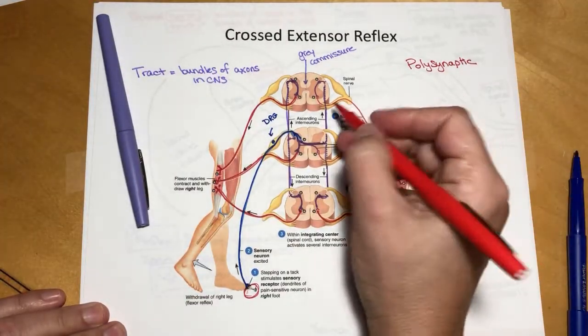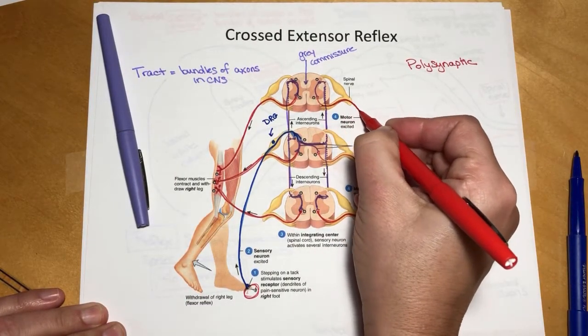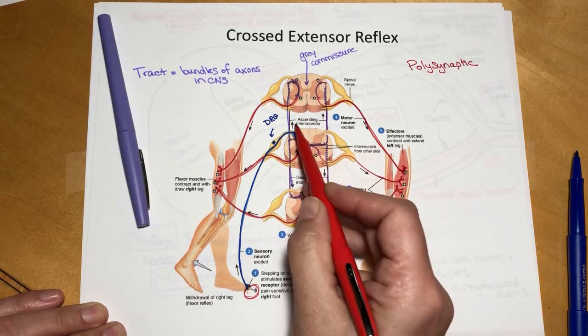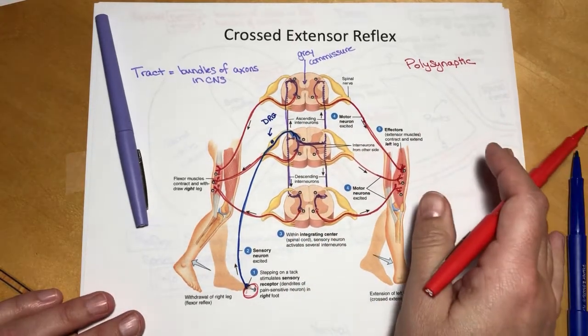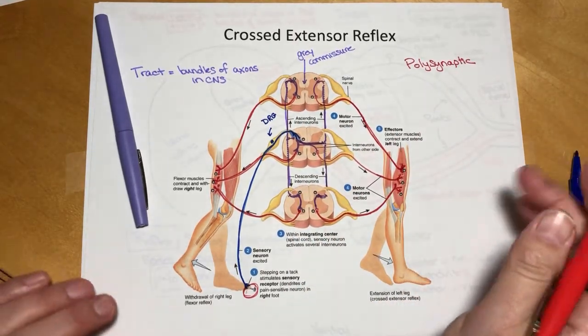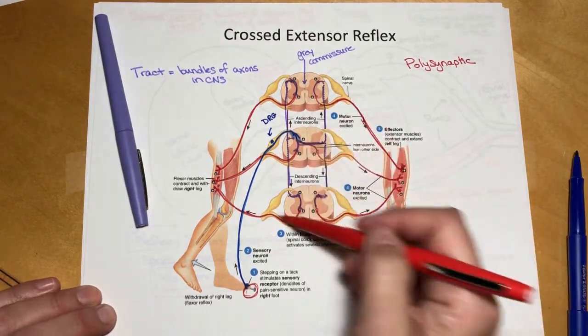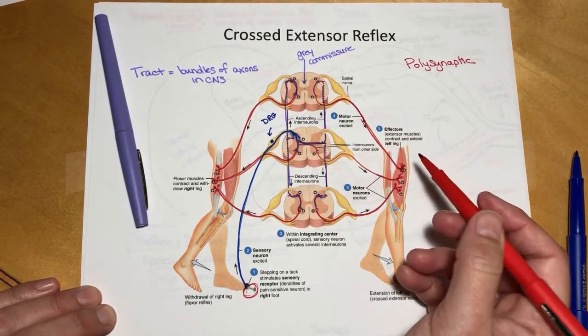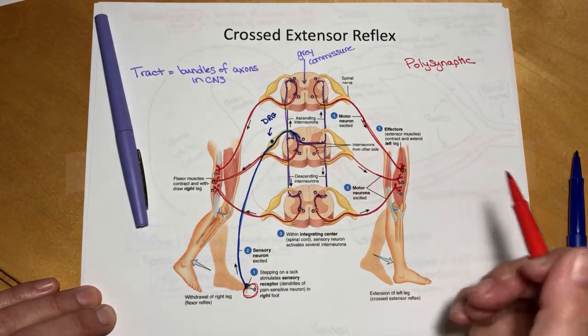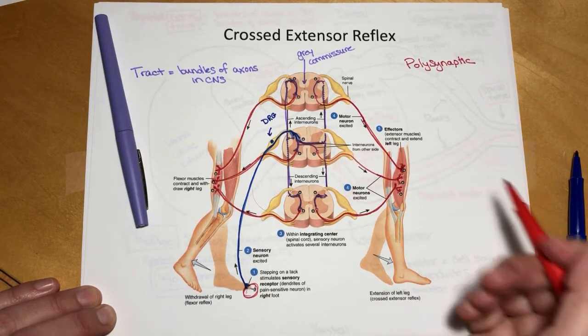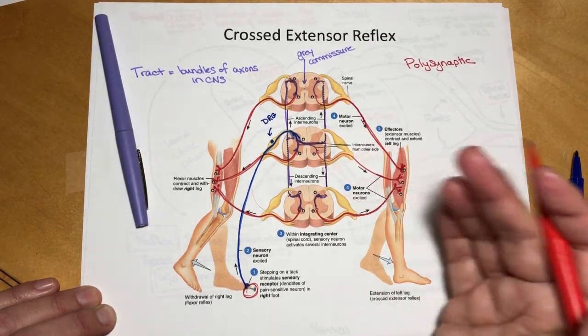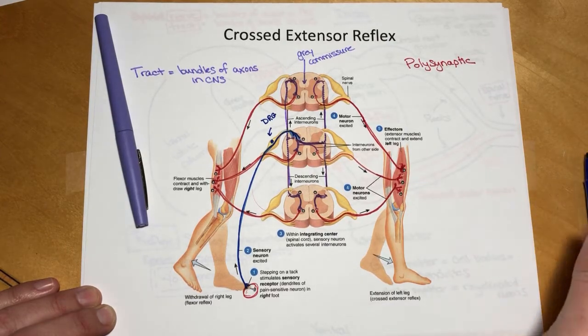And it is fast and it is unplanned. And as you can see, there are some neurons that are going to go up to the brain and just let the brain know. But in general, all of this is happening at the level of the spinal cord. That's why it's a reflex. You don't need the cerebrum to be involved in planning or perceiving the information.